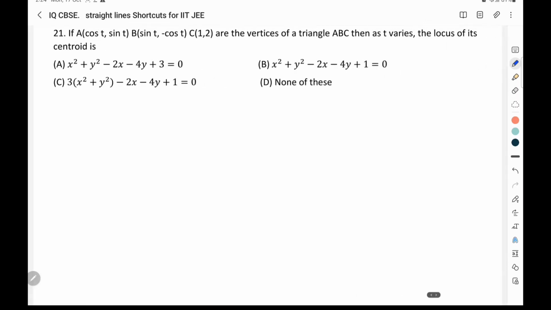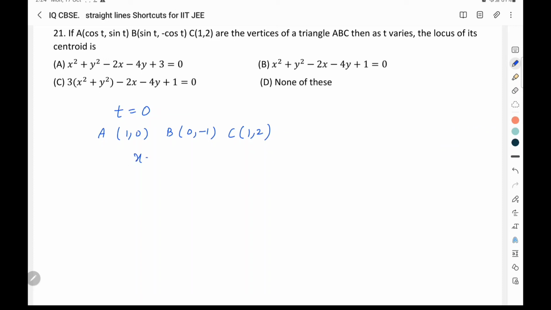Next one, again 3 points are given and t varies. Similarly, just like before, we have to put t value as 0. So our points become A is (1, 0), B is (0, minus 1), because cos 0 is 1 and sin 0 is 0, and C is (1, 2).